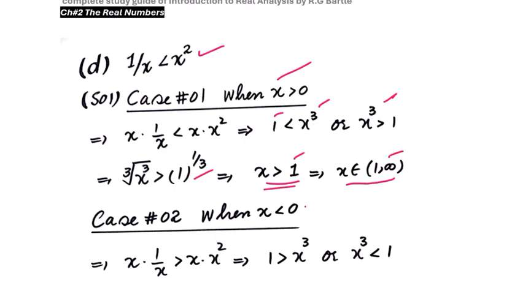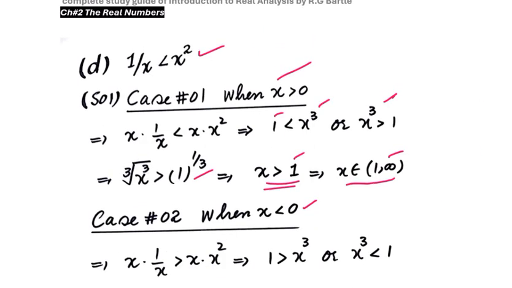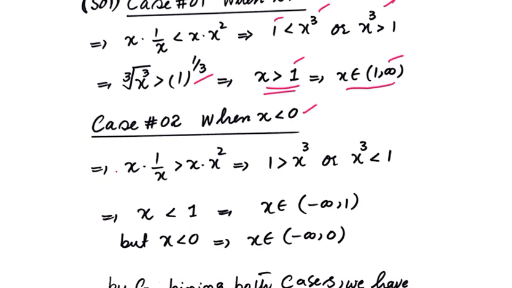Case number 2, when x is less than 0. Now I will assume all those values which are less than 0. When we multiply x on both sides, the sign of inequality will change to greater than. So this becomes 1 greater than x cube, or x cube is less than 1. Taking cube root on both sides, this gives x less than 1, which means minus infinity to 1.